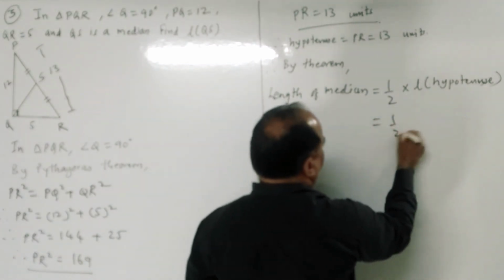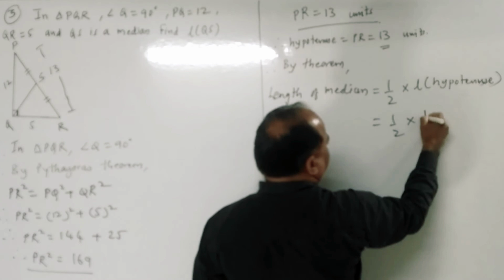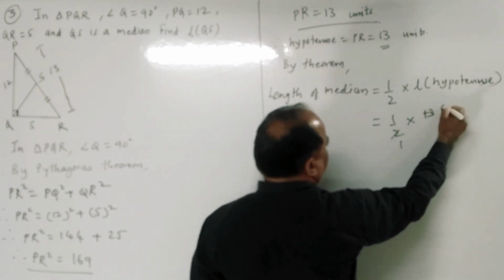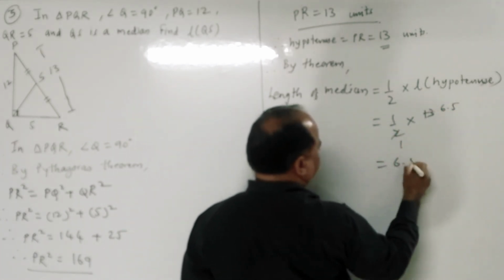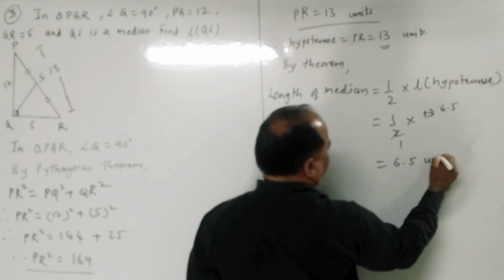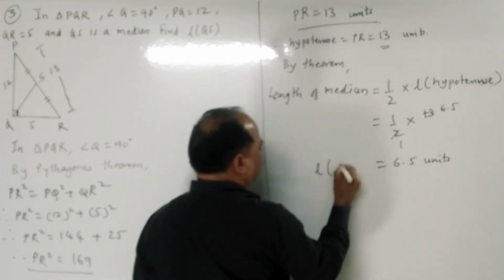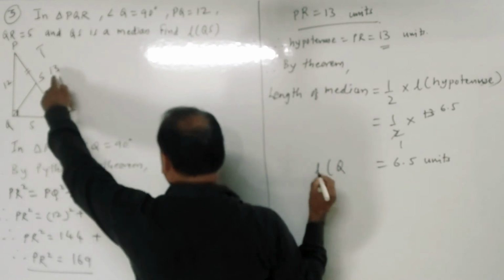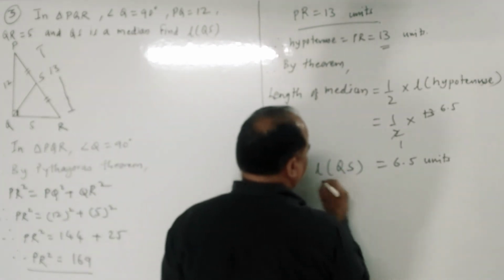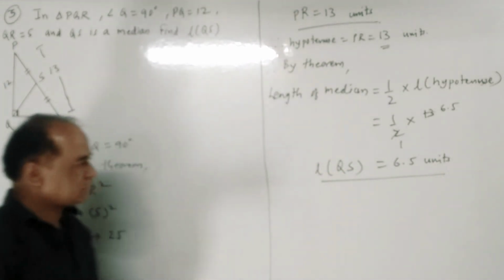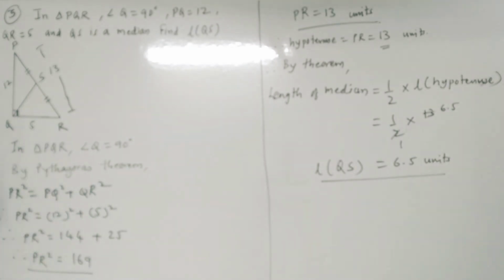Therefore, 1/2 into 13 is 6.5 units. So the length of the median QS is 6.5 units.